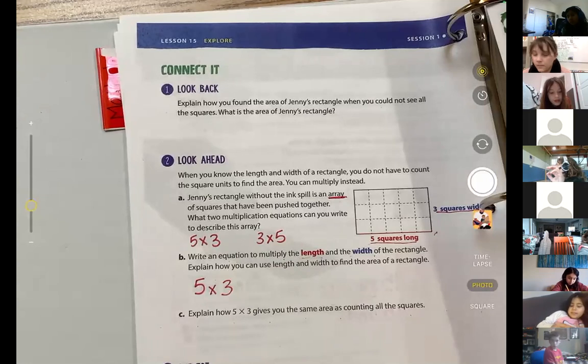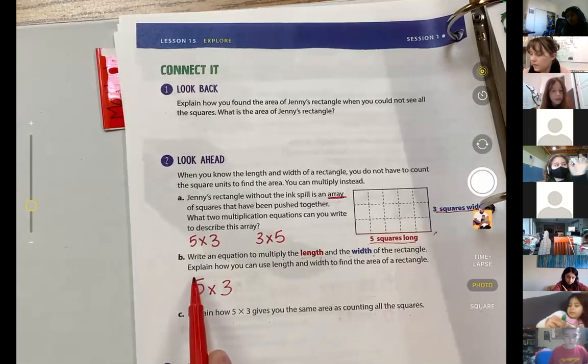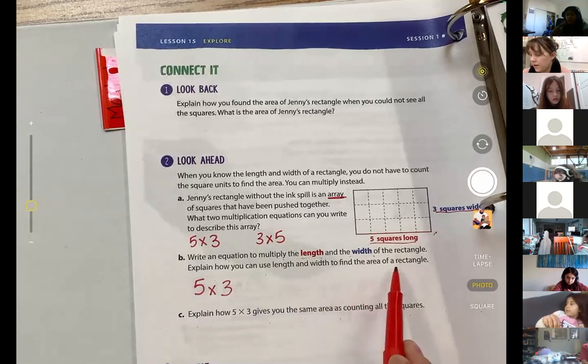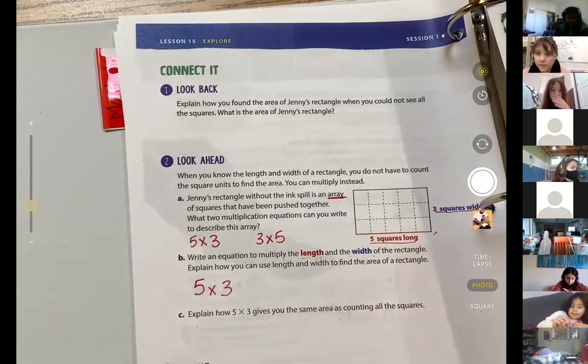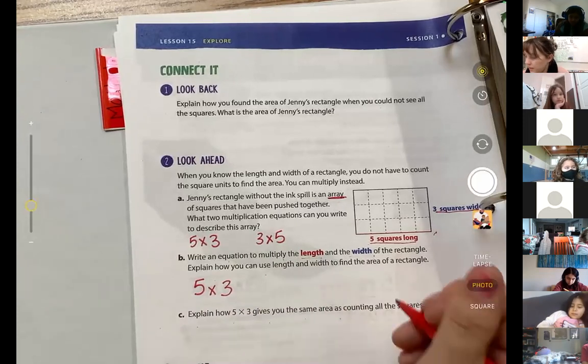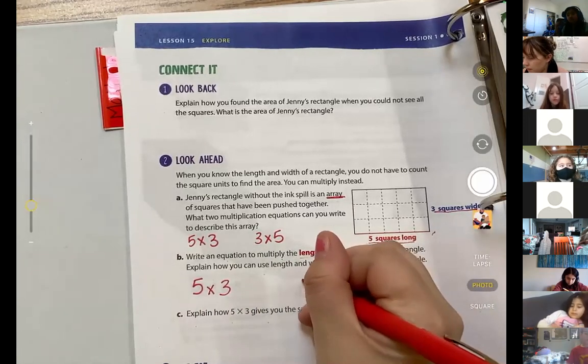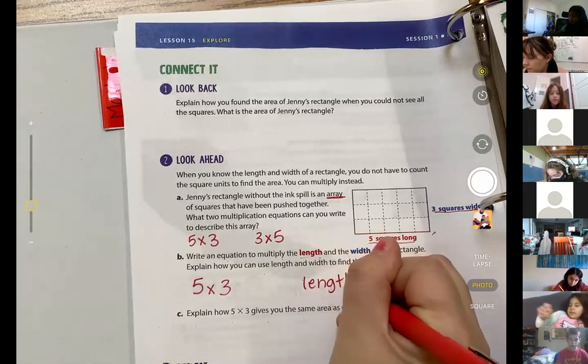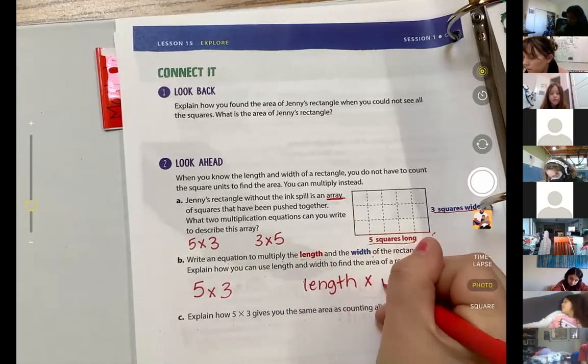And the second part says, explain how you can use length and width to find the area of a rectangle. I'm going to shorten our explanation. Here's what we're going to do. We're going to say length times width.